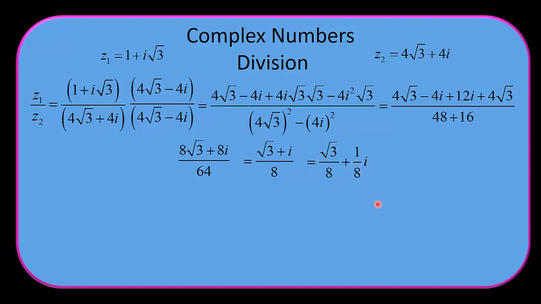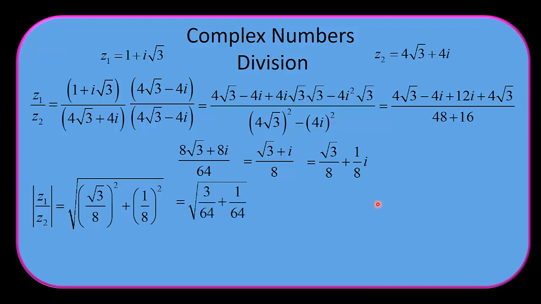Now what I want to do is convert that to trig form. So I need the modulus. I get the modulus the way we always get the modulus. There we go. And we find that to be 1/4. Then, before I can write the complex number in trig form, I need the angle.